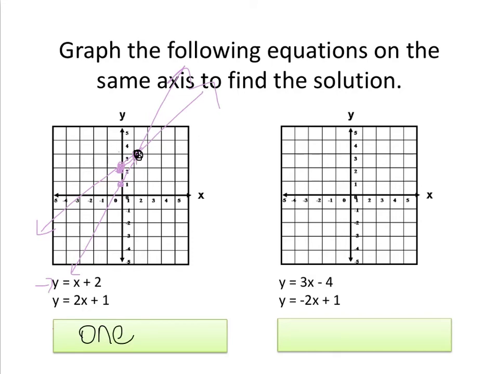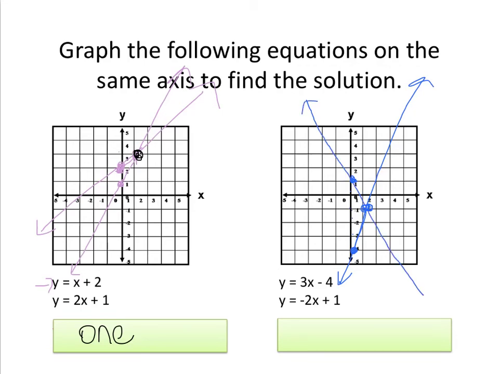Moving on to the next one. If I start at negative 4, my slope is 3. Rise 3, run 1. And my other equation is starting at negative 2, 1.